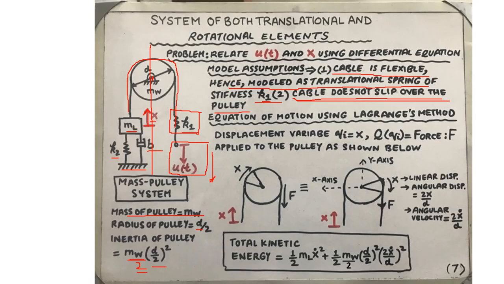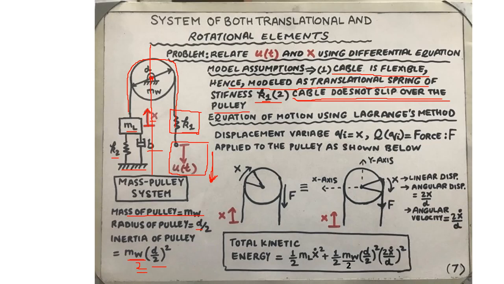And along the same axis, the input displacement has been defined, although in the opposite direction. And the axis also passes through the center of gravity, or the point about which the pulley shall rotate.